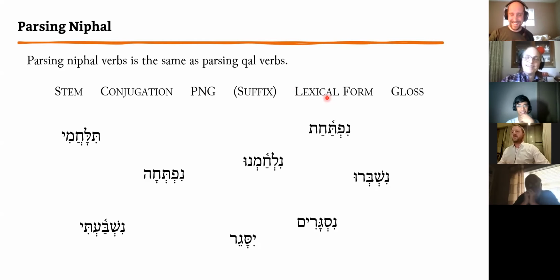Yeah. So we want here the root, right? What's the root? Patach, open. So, translating the form: she or it, depending on the subject, was opened.